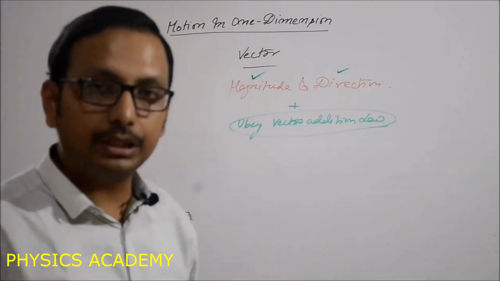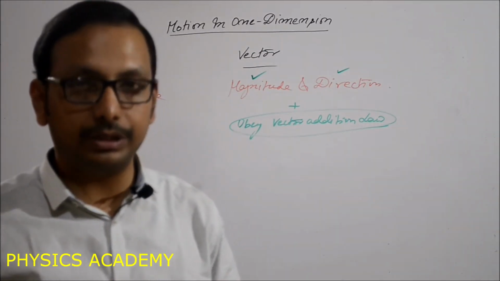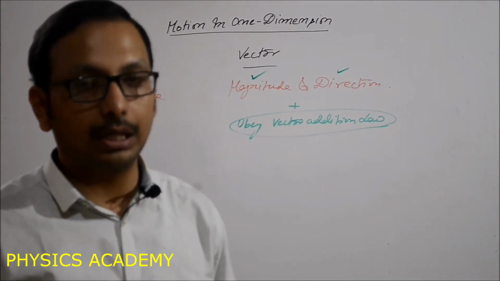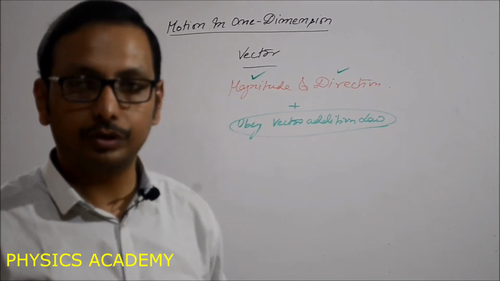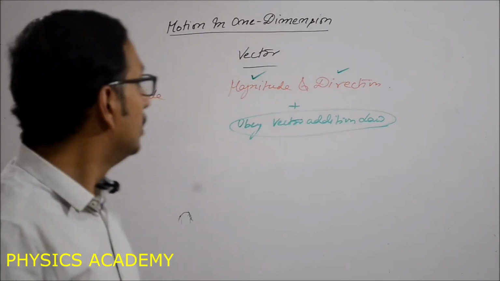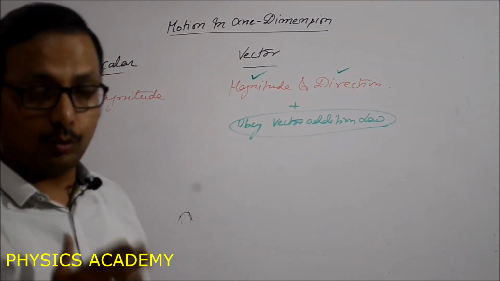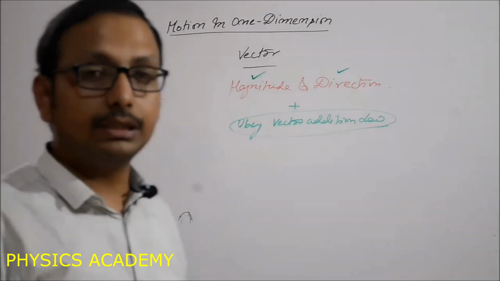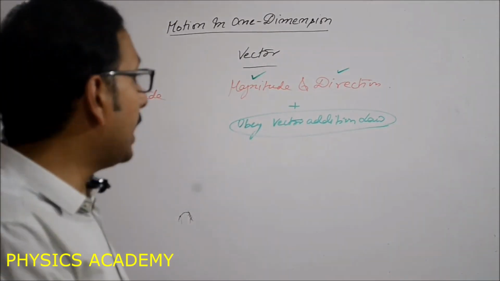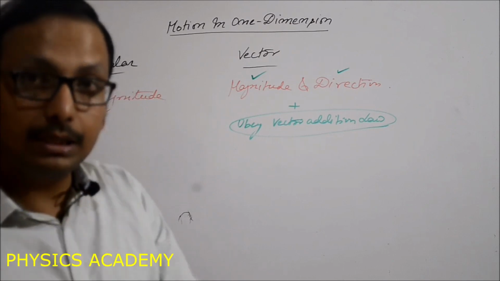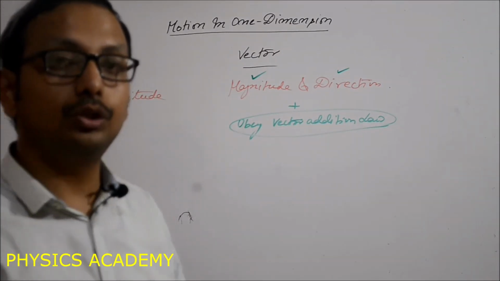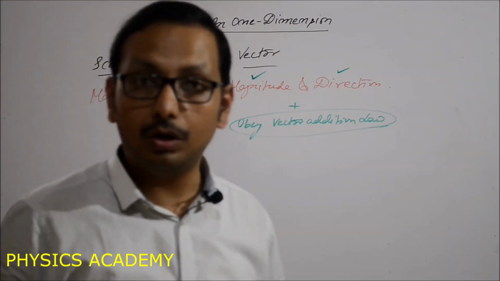If you say vector, you need to give me a proper reason. Without proper reasoning, your answer will not be valid. So now you have understood scalar and vector quantities. A scalar quantity only has magnitude. A vector quantity has both magnitude and direction, plus in addition to all this, it should obey the vector addition law or rule.